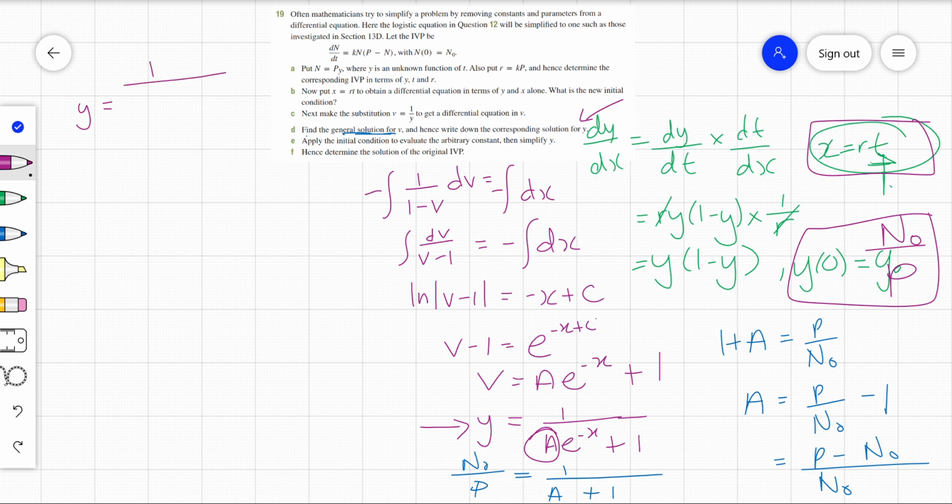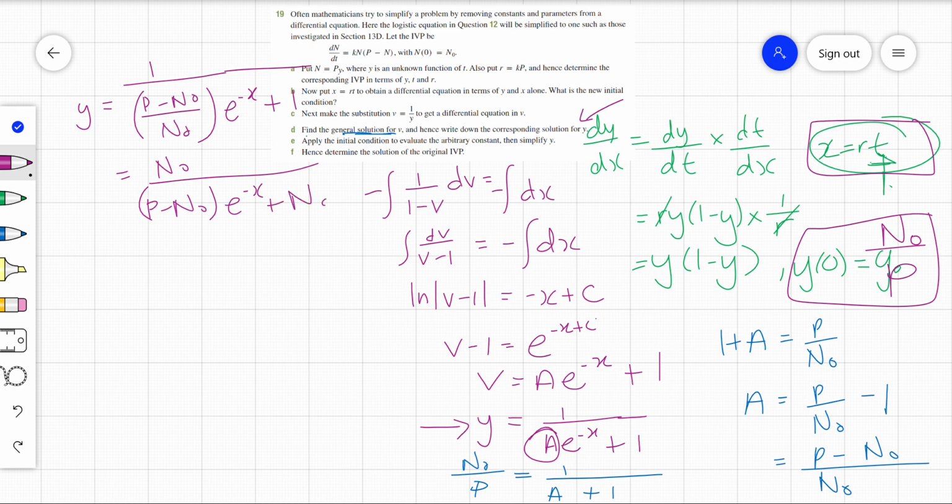So 1 on, my a here being p minus n0 on n0, e to the minus x plus 1. If I multiply all terms by n0, that will get rid of that fraction in a fraction. There we go. All right, so that's my y.